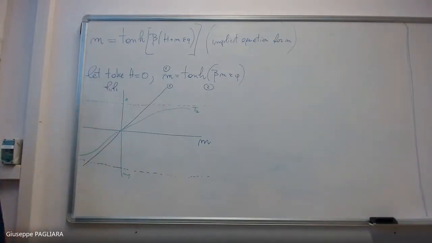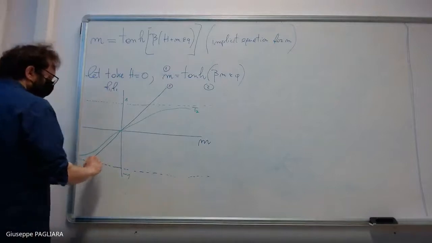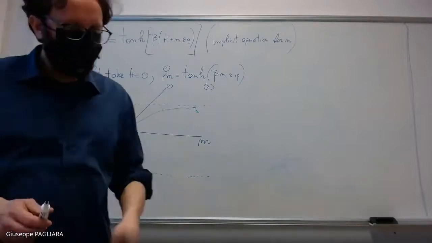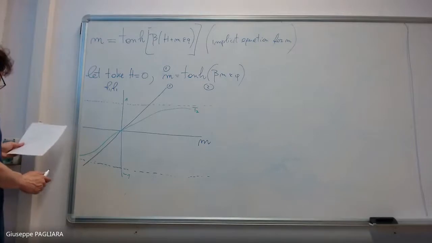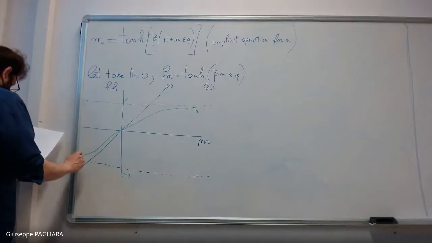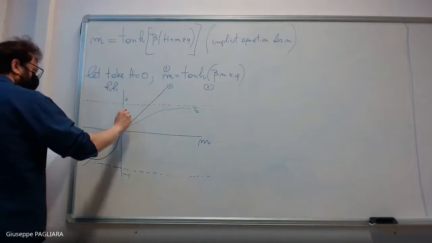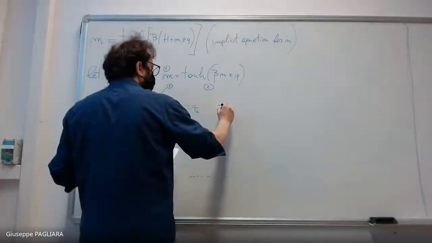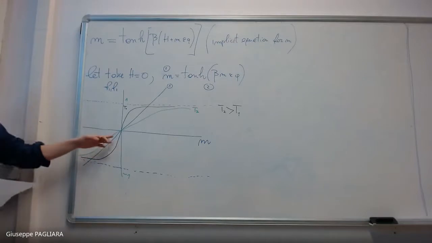Now, if you take instead a small value of the temperature, what could happen, and we will see which is the condition for this to happen, is that you reach the asymptotics here before. So you can have a situation like this. Let me try to make the plot in a sensible way, but otherwise you get the wrong result. So something like that could happen. So this is for T1, where T2 is larger than T1. Okay, so for large temperature, I could have something like this.